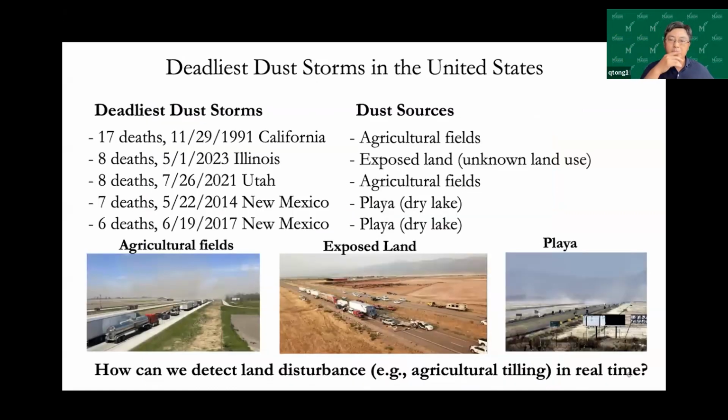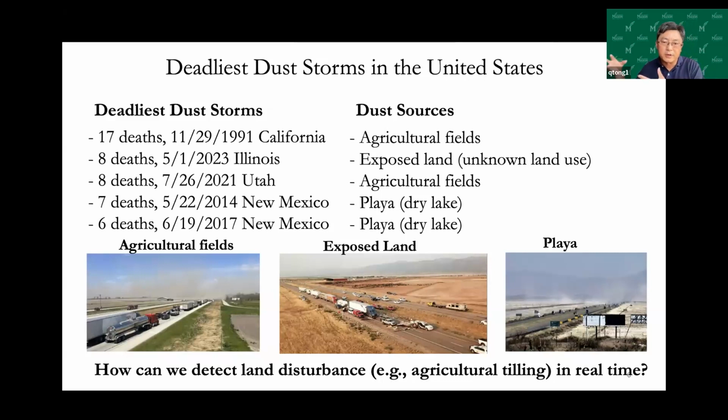Just a few weeks ago, I spent almost the entire month of May doing interviews with the media for the dust accident on May 1st, 2023, on Highway I-55 in Illinois. So basically what happened is, Illinois was very dry in April, much drier than previously.